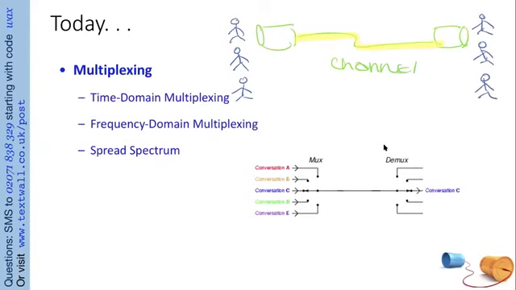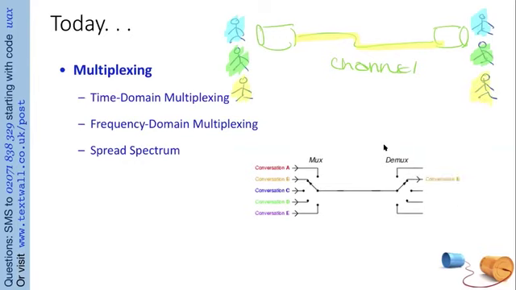So what we're trying to do is to share the channel between multiple parties. So we can have this person communicating with this person, while this person is communicating with this person, and this person is communicating with this person, sharing the channel.